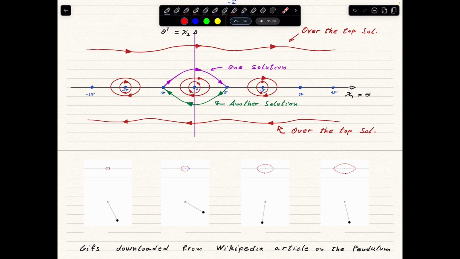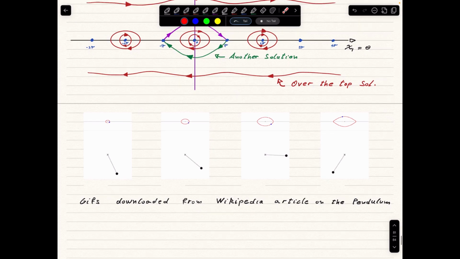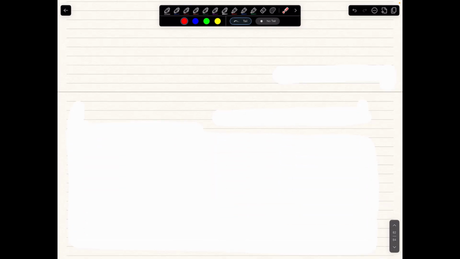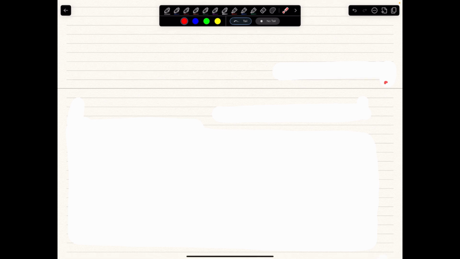Here we have very few solutions. We can add more solutions, and the result is going to be something like this.